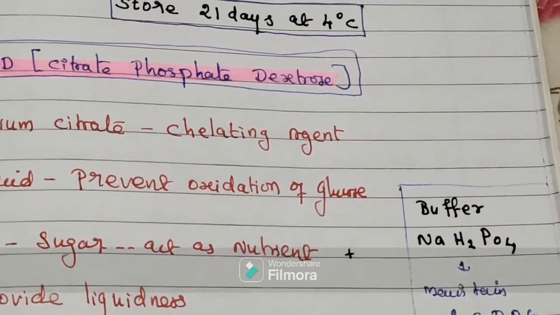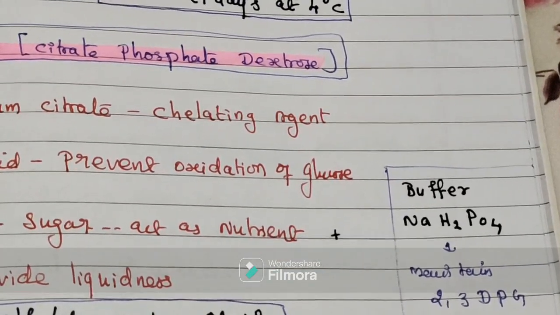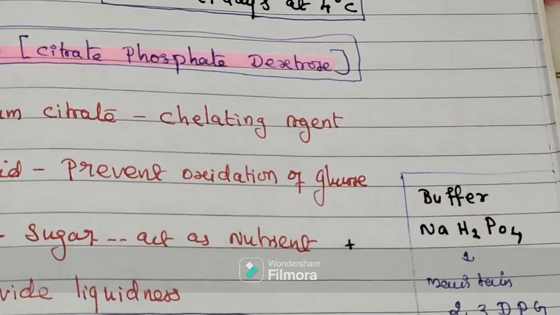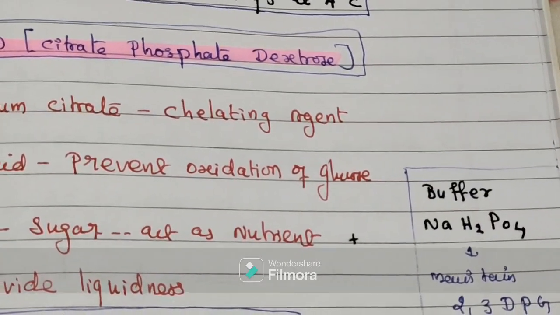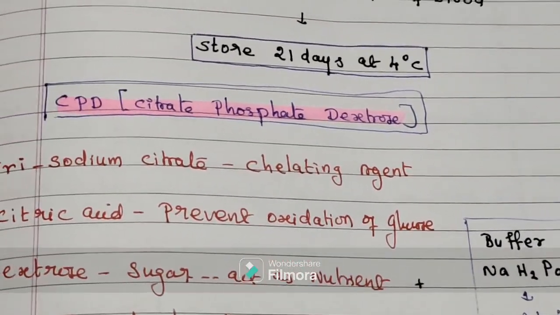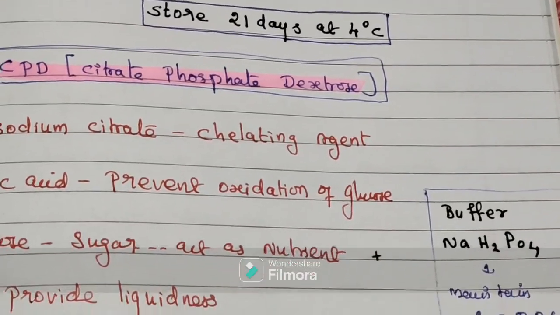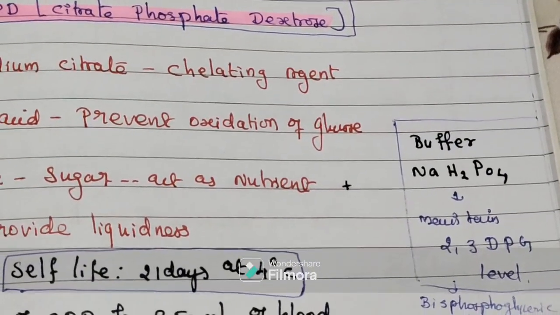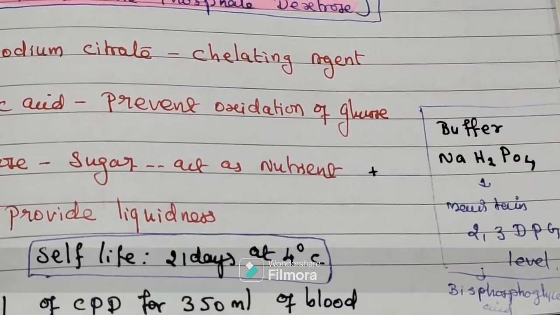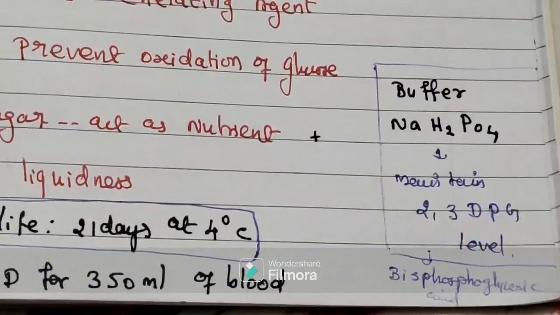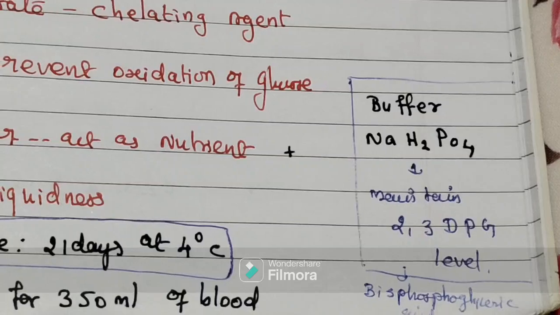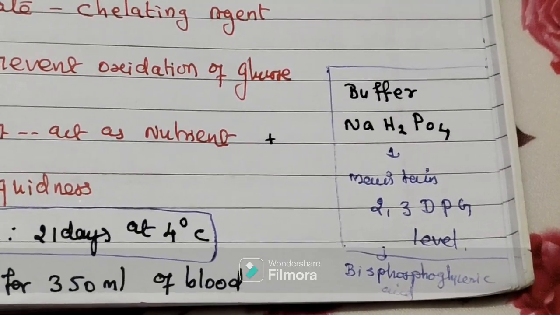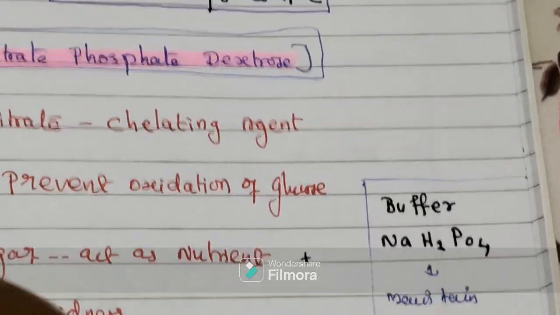With decreasing pH, the 2,3 DPG level also decreases, and finally it affects our RBC. CPD is stored 21 days at 4 degrees, same as ACD, because the buffer maintains the 2,3 DPG level.